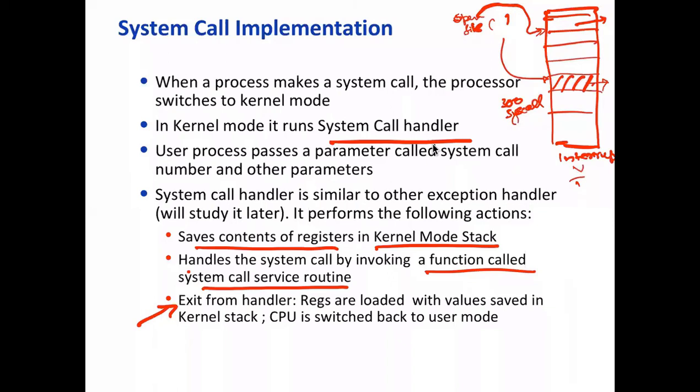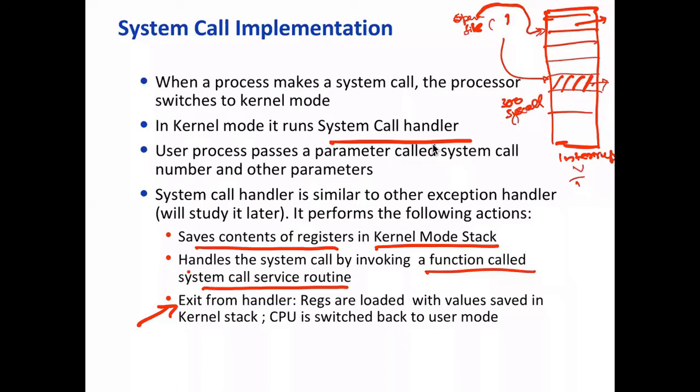In order to switch to kernel mode, it has to save all the registers into the kernel stack, or the PCB in older systems. Then control moves to that handler routine, whether it's an interrupt handler or a syscall handler. It does its own job, and then the process comes to the ready state, as we studied earlier.